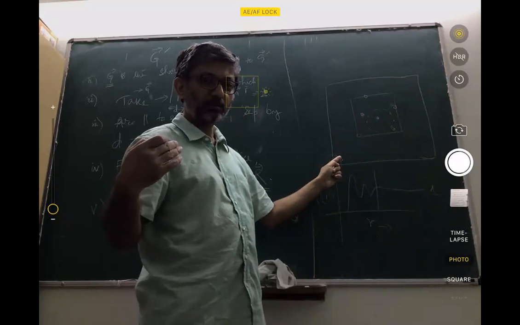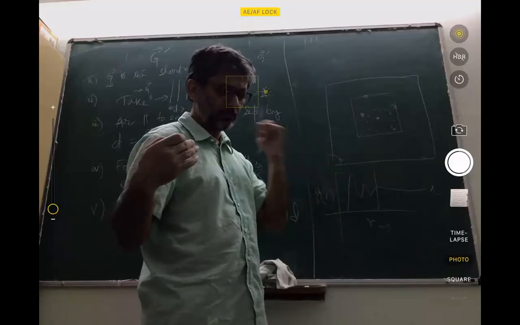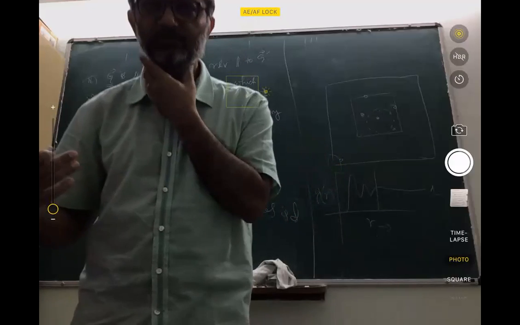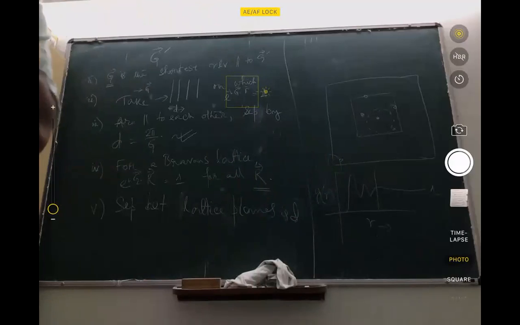You're following my point, Kaustav? Yeah, my question was, let's say I take the center of the square as my initial point and I'm calculating g of r. If I calculate at r equals L, then in the horizontal and vertical directions I'll definitely find a particle if I impose periodic boundary conditions.